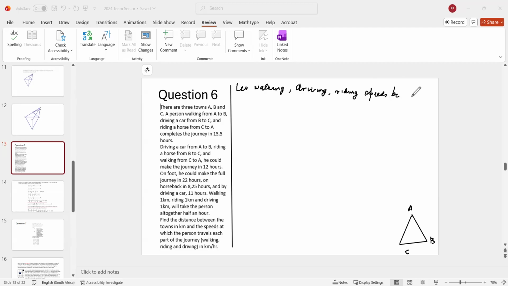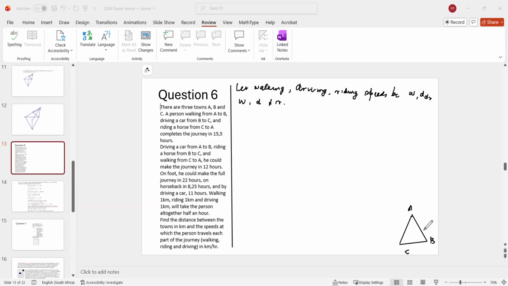Just to keep track, I'll call it W, D, and R. There's W, D, and R. These are the speeds for walking, driving, and riding, which means that we say that this thing takes 15 hours.